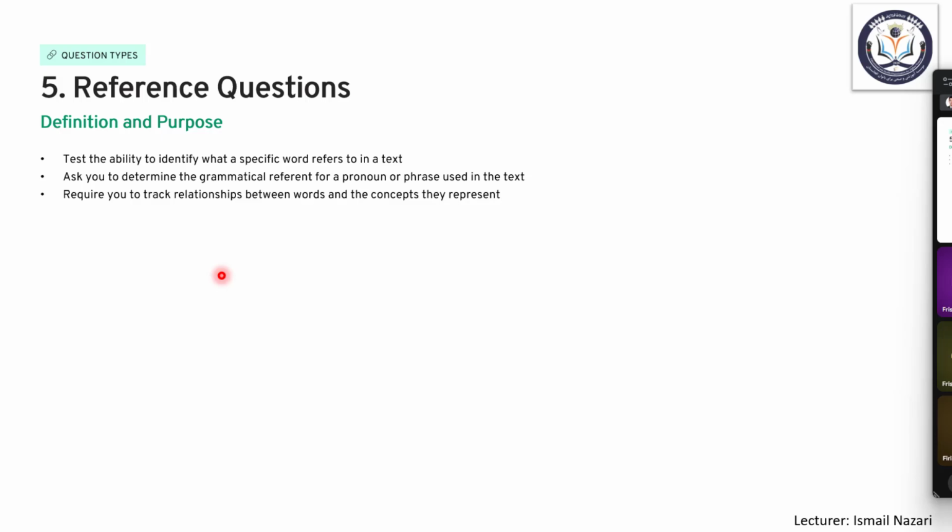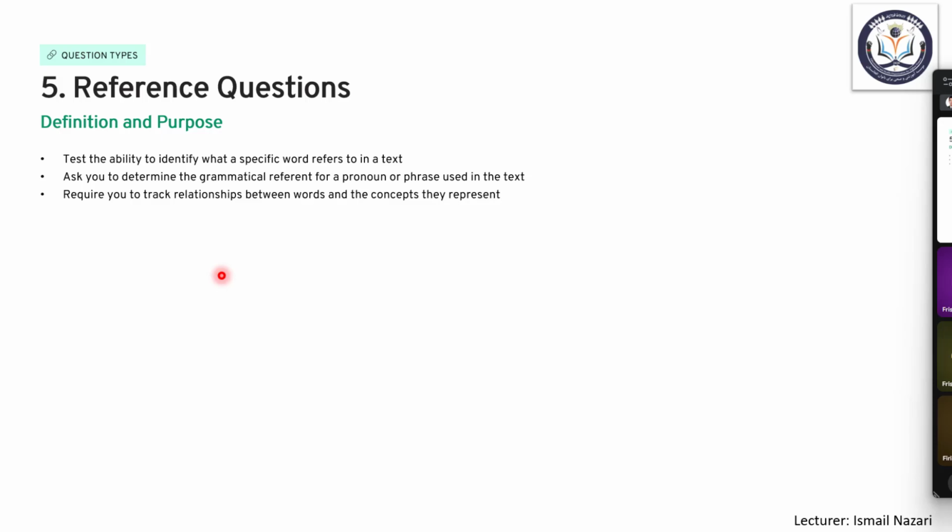as I have stated, we have two words, referent and reference. The word referent is given to us and we are asked to find out what it refers to. So the reference question asks us to find out the reference, and using that it checks our ability on referential relationship between ideas inside a text.